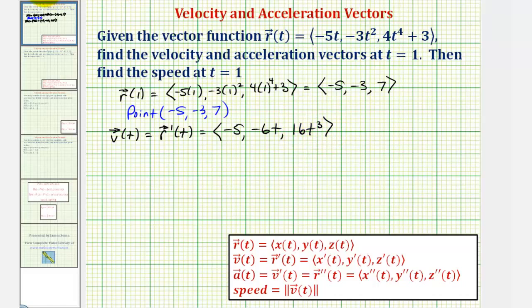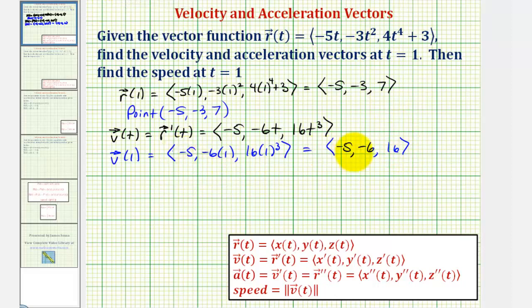And therefore the velocity vector at t equals 1 would be v of 1. So we'd have an x component of negative 5, a y component of negative 6 times 1, and a z component of 16 times 1 to the 3rd. So our velocity vector has an x component of negative 5, a y component of negative 6, and a z component of 16.